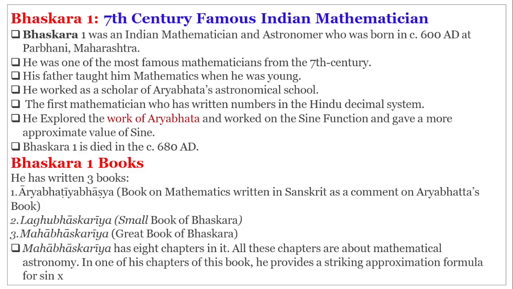The Laghu Bhaskariya is the small book by Bhaskara, and Mahabhaskariya is the great book by Bhaskara. In Mahabhaskariya, as it is a great book, there are 8 chapters, and there is a detailed discussion about the astronomical phenomena in this book.